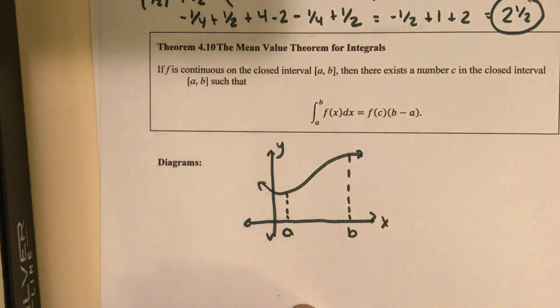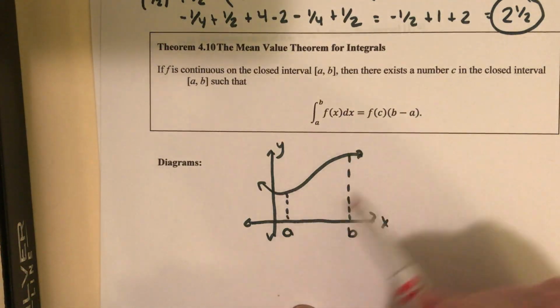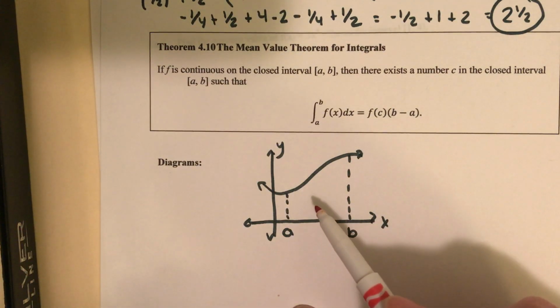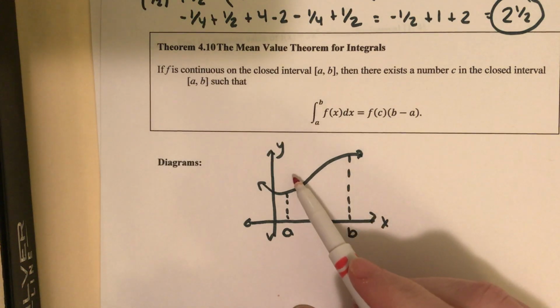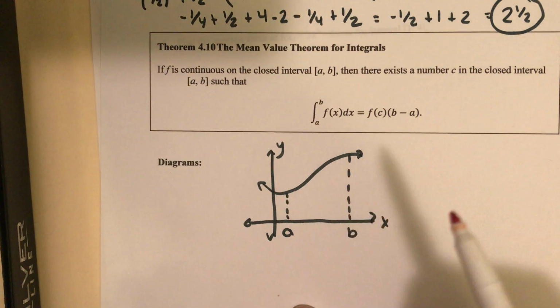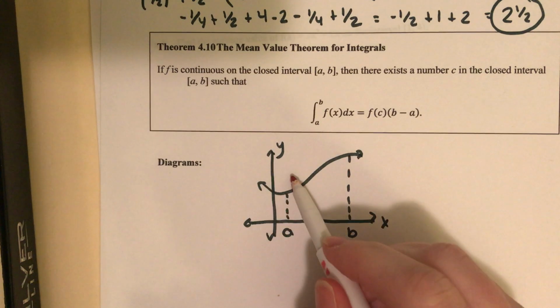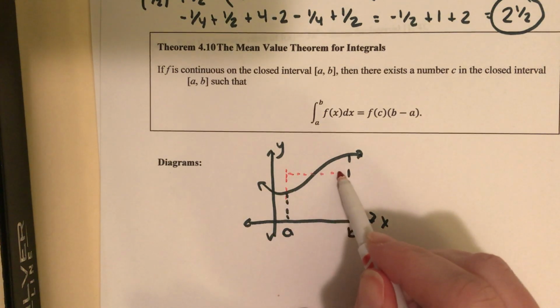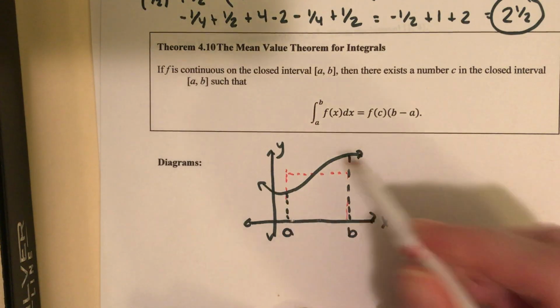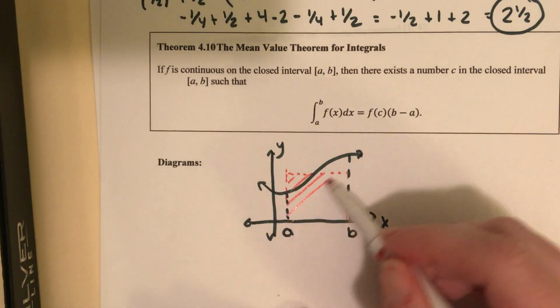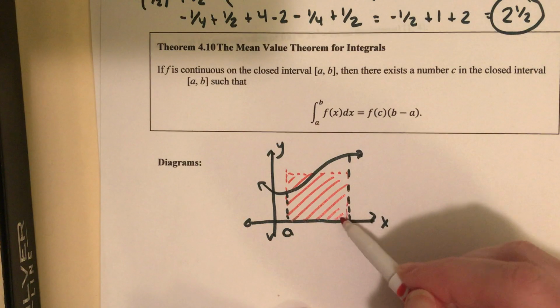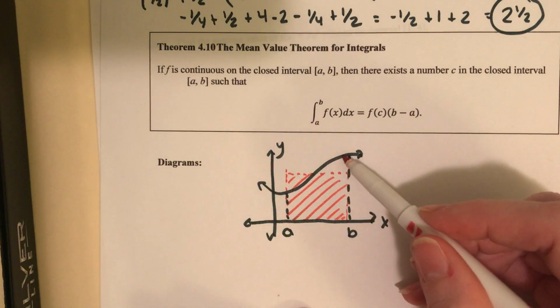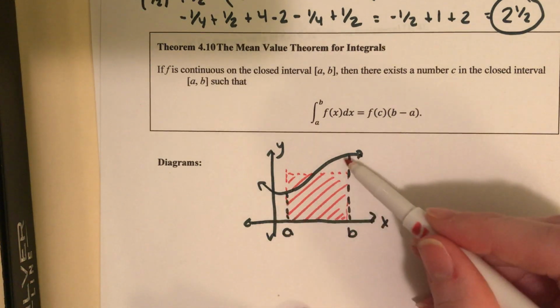So all the mean value theorem says is that if you have a shaded region, there is going to be some rectangle that will give you the same area as that shaded region. Now, I'm going to draw a rectangle right about here. If I were to find the area of that rectangle, that would actually be pretty close to the actual area under the curve.